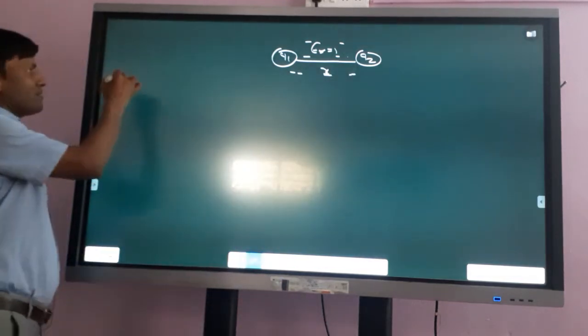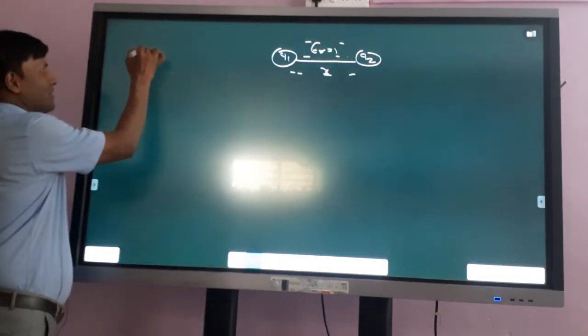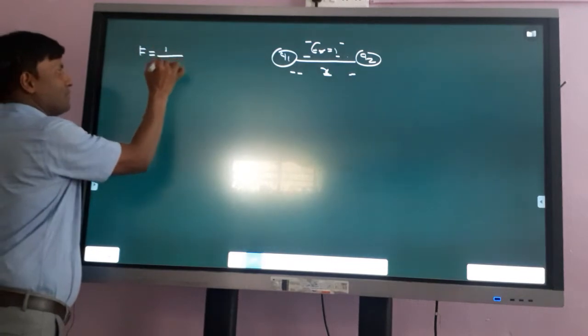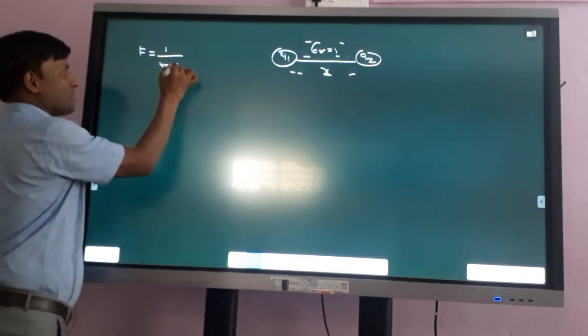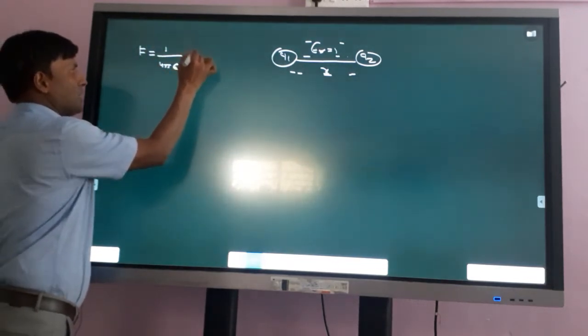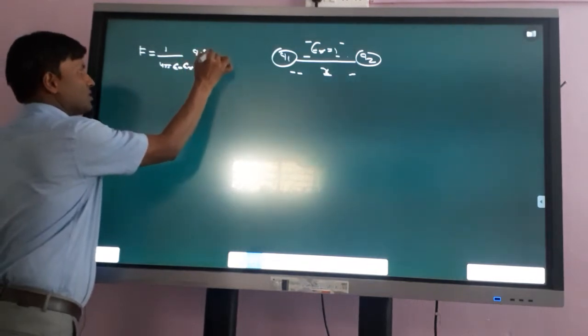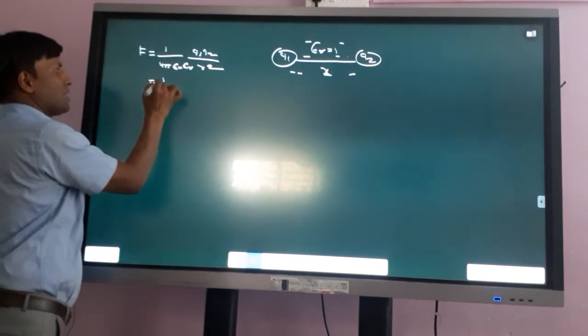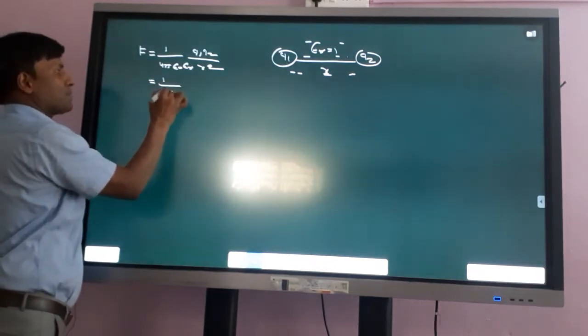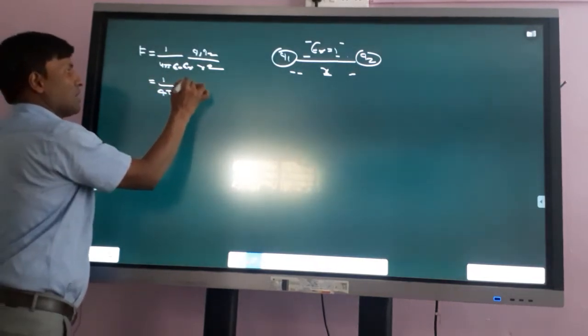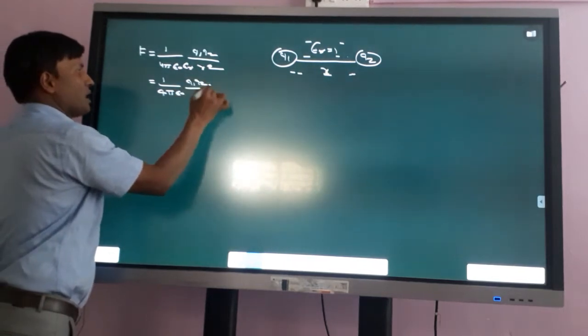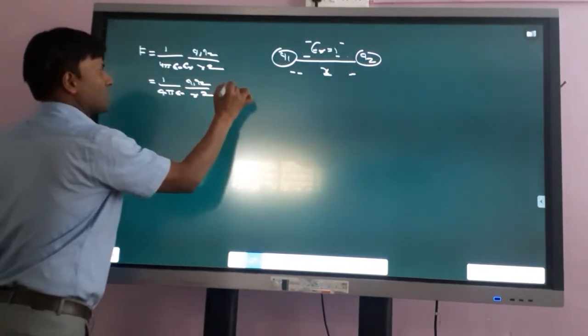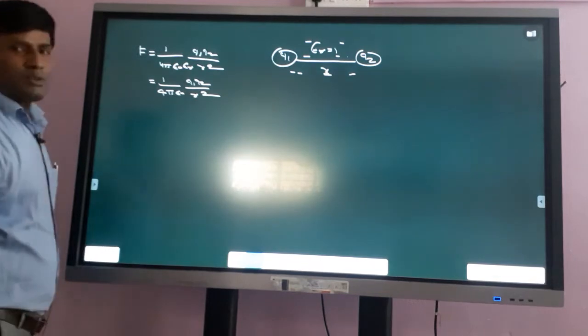So you know very well that force F can be written as 1 by 4 pi epsilon naught epsilon r, Q1 Q2 by r square, that is the magnitude of force, and we can write F = Q1 Q2 by 4 pi epsilon naught r square. This is, we can suppose, equation 1.